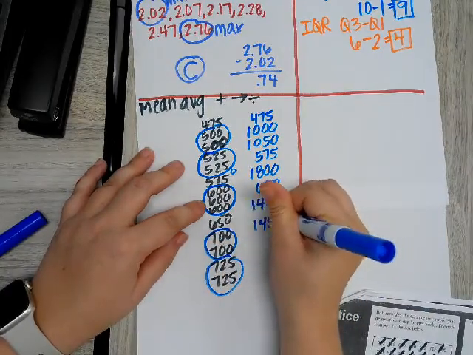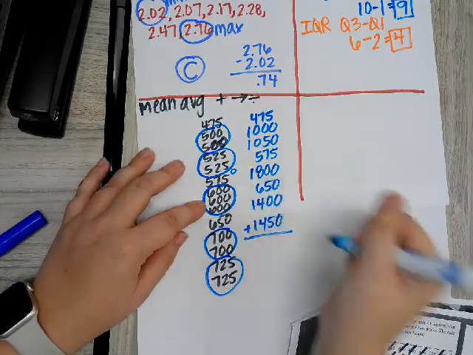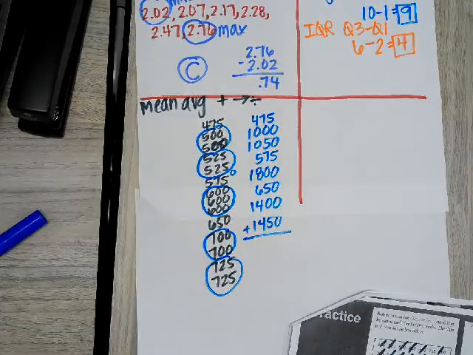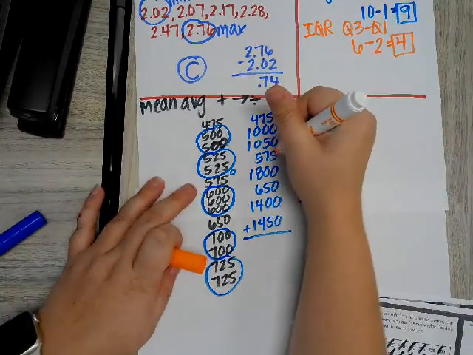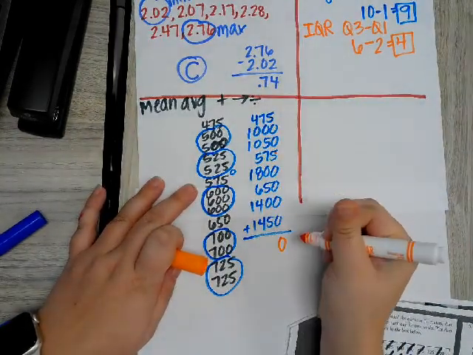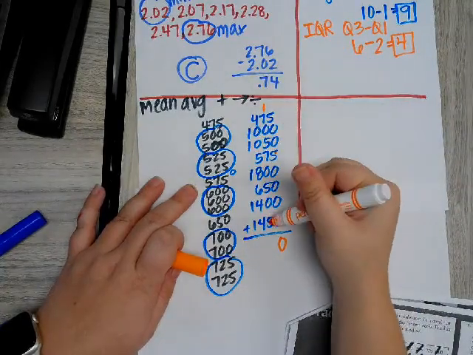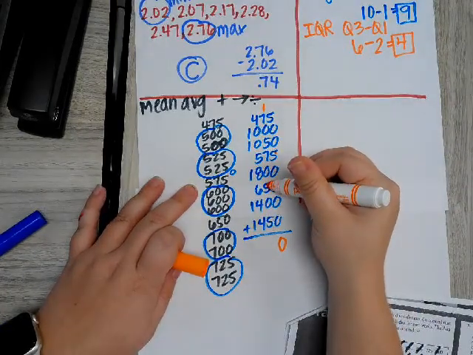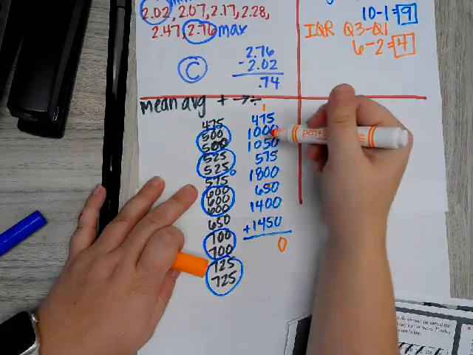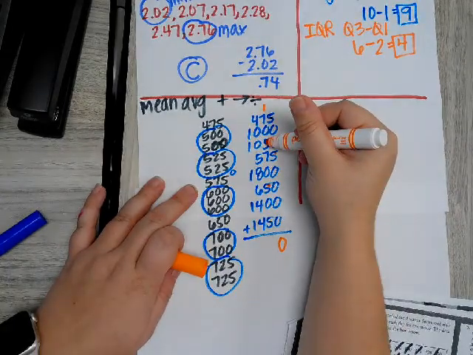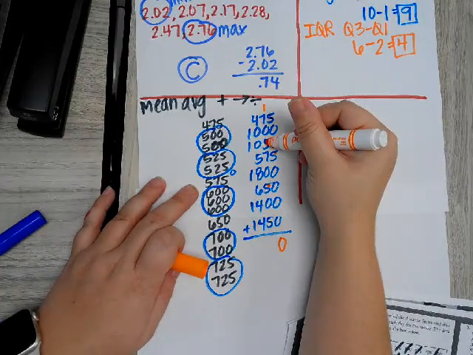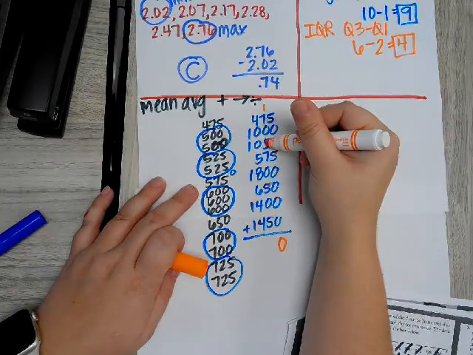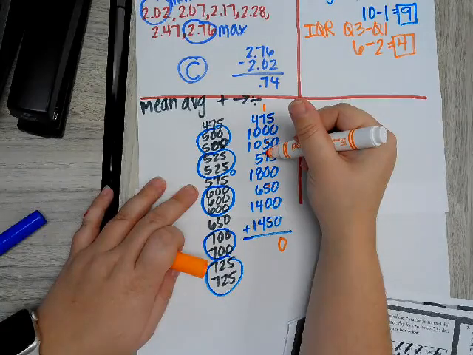Okay, I'm gonna add those up. 5 plus 5 is 10. Carry my 1. 5 plus 5 is 10. Plus 5 is 15. 15 plus 7 is 22. 22 plus 7 is 29.